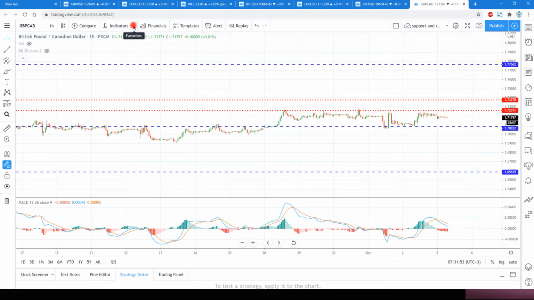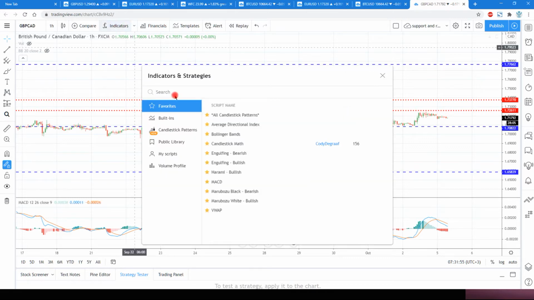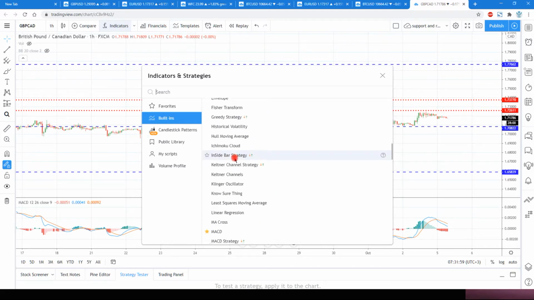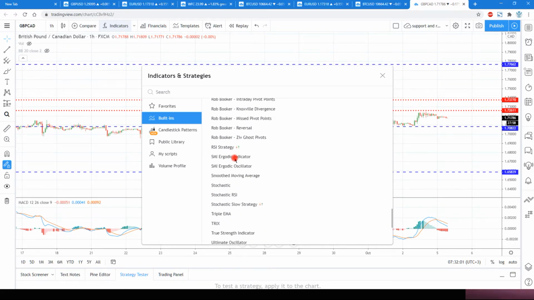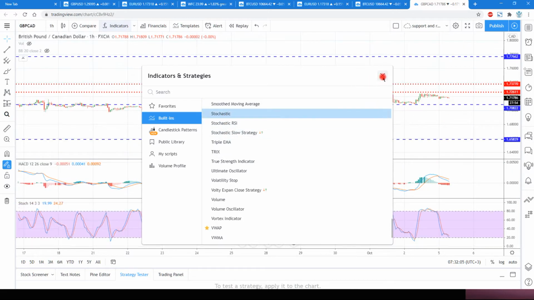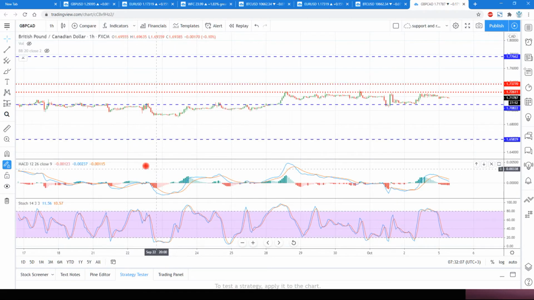One of the most popular oscillators is stochastics. Now what RSI shows us, or stochastic shows, or an oscillator shows us, is when price becomes overbought or oversold.